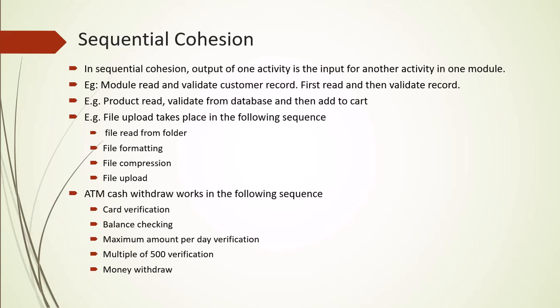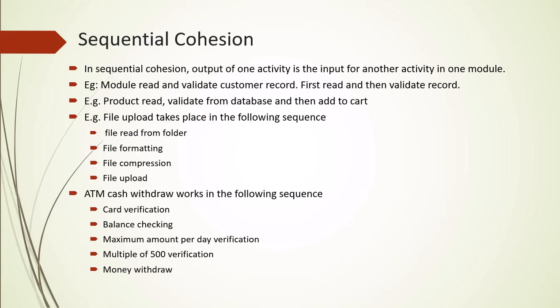Similarly, ATM cash withdrawal works in the following sequence. Card verification: first, your card will be verified if it is expired or not. If it is expired, this means it will not function. If it is okay, then the pin will be verified. Balance verification: then your balance will be verified.